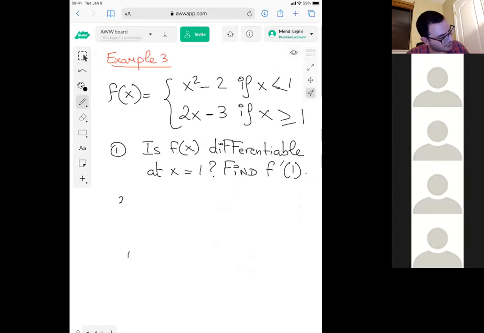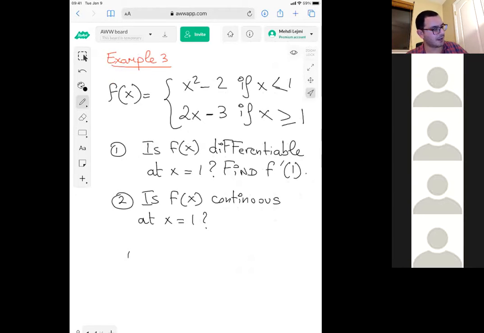Second question is f of x continuous at x equal to 1? Again, it's just to compare continuity to the differentiability, right? So let's start with the differentiable.